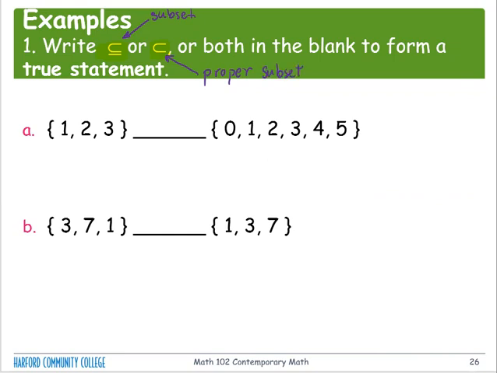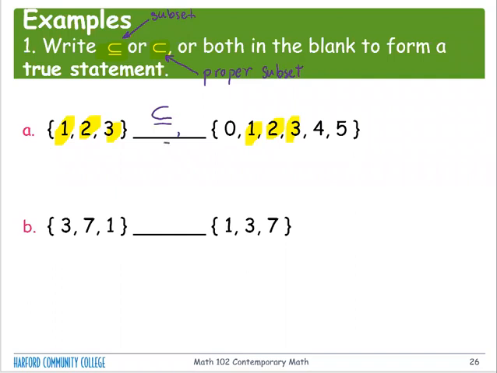Okay, for example A, the set on the left contains the numbers 1, 2, and 3. The set on the right contains 1, 2, 3, and 4. Let's check term by term. 1 here, also 1 there; 2, also 2 here; 3, also 3 here. That means the left-hand side set is a subset of the right-hand side set.